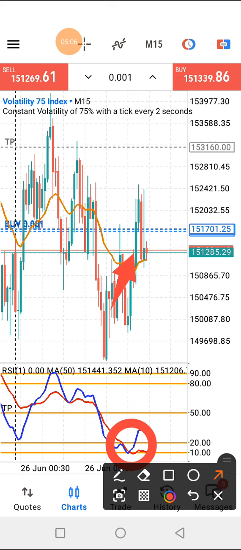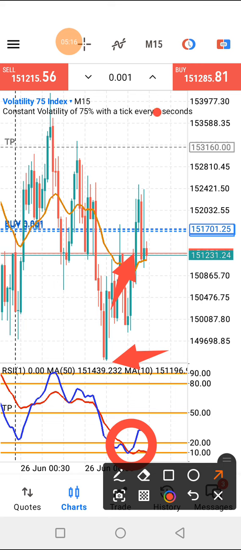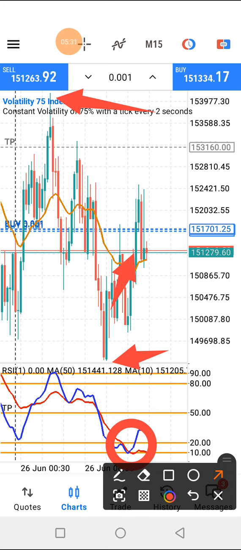Now my stop loss ought to be at this axis because this is swing low. This is where my stop loss ought to be. Then my take profit should be a few pips around this top. But for the sake of scalping, I just put my TP in the nearest swing high on the M15.